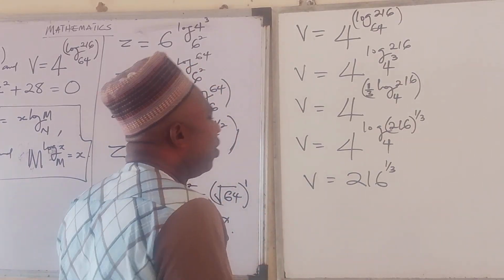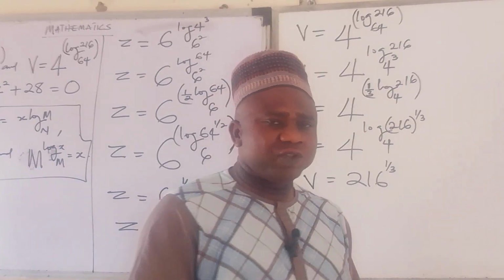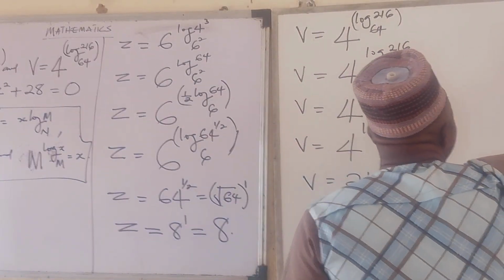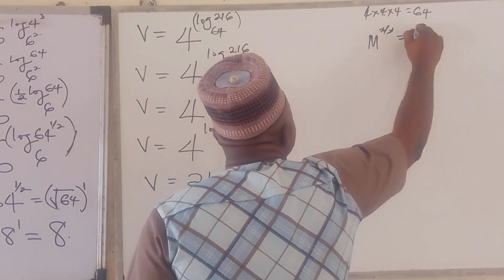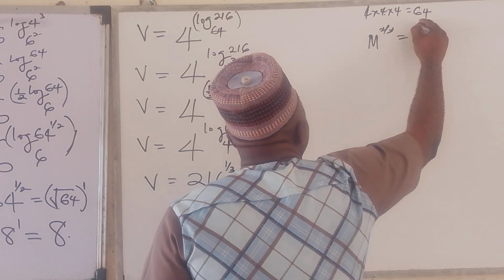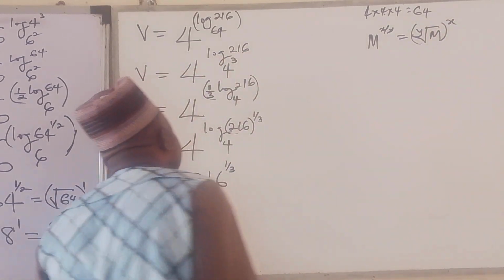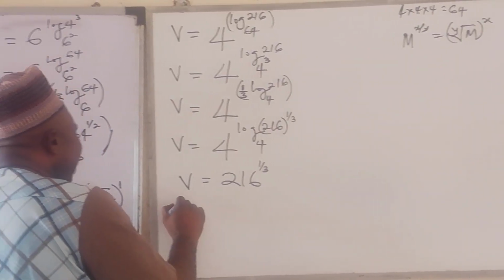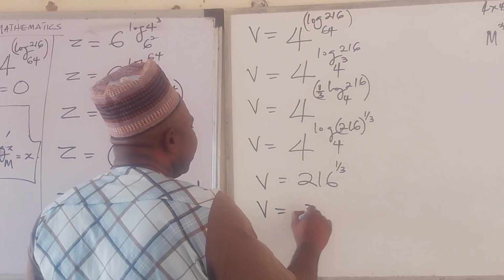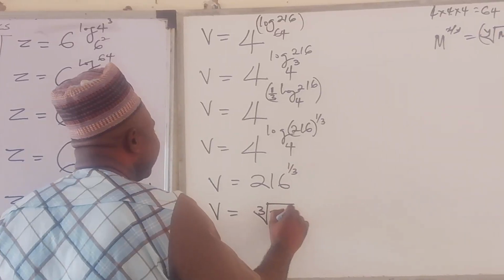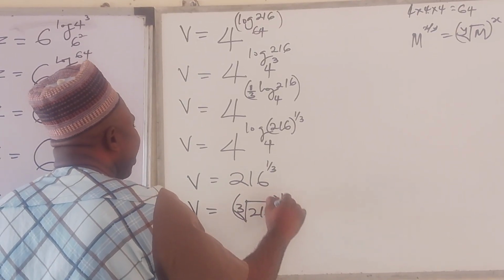We all know from one of the laws of indices, one of the laws of powers, that m raised to the power of x all over y is the same as the y root of m all raised to the power of x. So the value of our v will be equal to the cube root of 216 all raised to the power of 1.